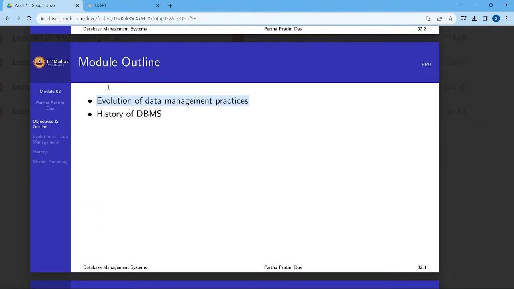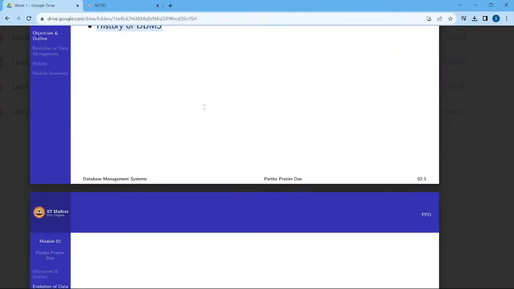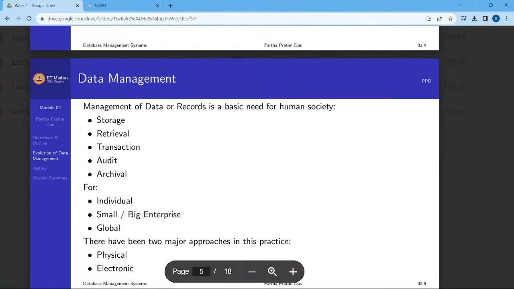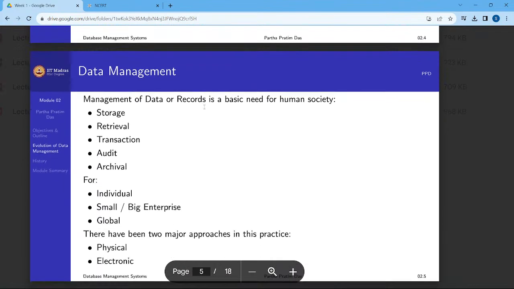How did database management systems come to be? And once it was invented, what is the history of DBMS? Once something starts, then obviously each and every second that it exists, it is writing its own history. So let's start: evolution of database management systems.